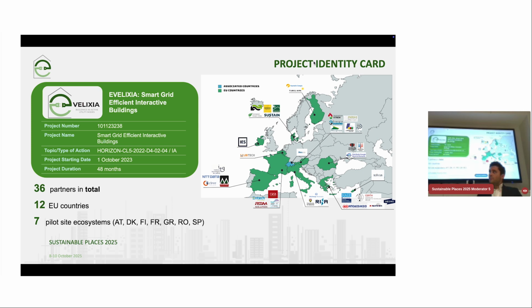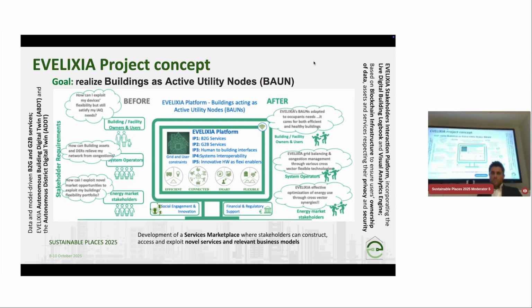This general description of the easySRI project has been presented this morning by Stavros already. This is the goal of the project, which is the main goal: realize buildings as active utility nodes.